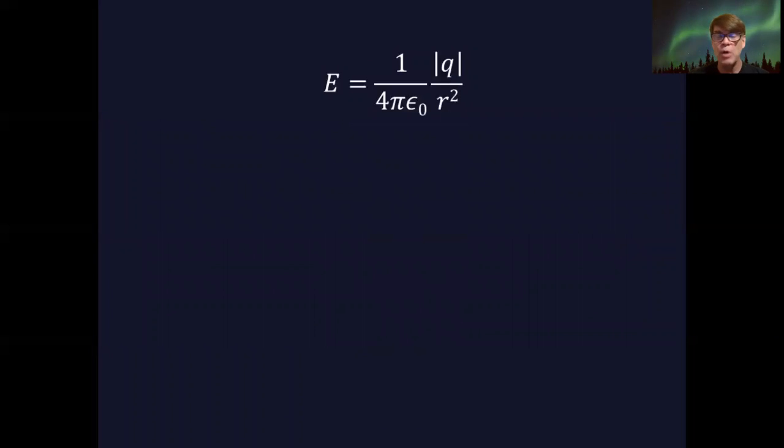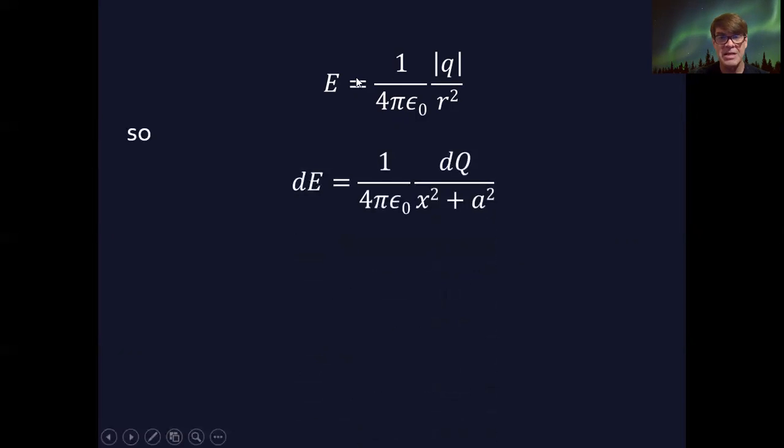So what's going to happen? Well, remember this field equation? We've had this now for several sections and several videos. So this is the basic equation. 1 over 4 pi epsilon naught is 9 times 10 to the 9th power newton meters squared per coulomb squared, or something like that. It's a constant.